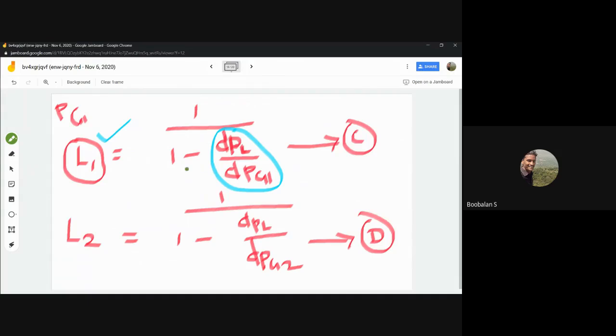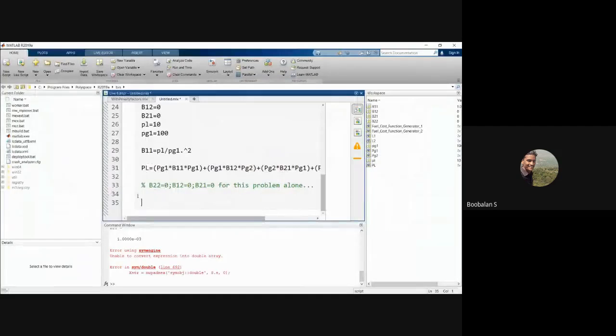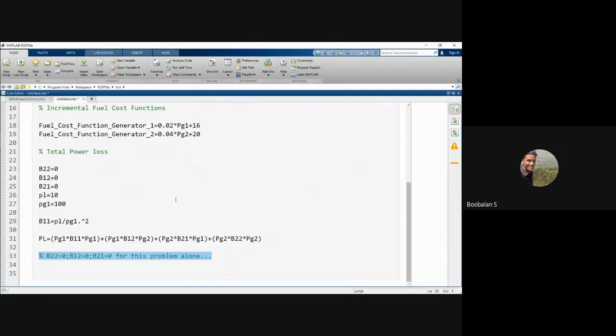Now it's time to create the penalty factor values. I'm going to take this sentence, maximize it, cut and paste it. Total power loss is now calculated, and now it's time to calculate the penalty factor.